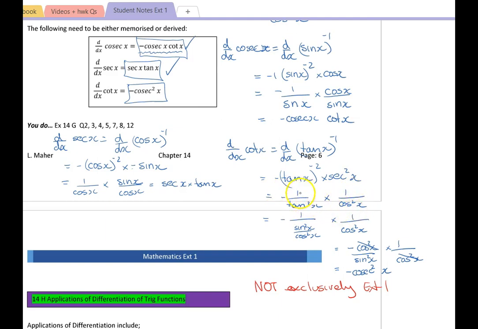So this is minus 1 over sine squared on cos squared, times 1 on cos squared. Minus 1 divided by that is minus 1 times this turned upside down, so it's cos squared on sine squared, times 1 on cos squared. The cos squareds cancel out. We've still got the minus and 1 over sine squared, which will be cosec squared.